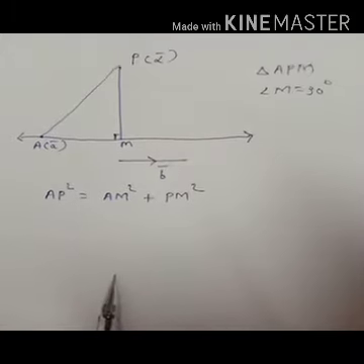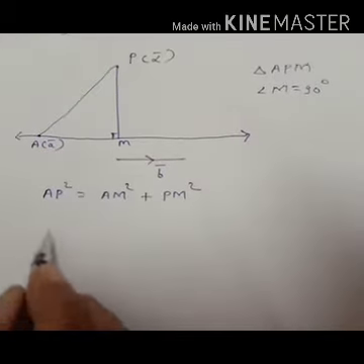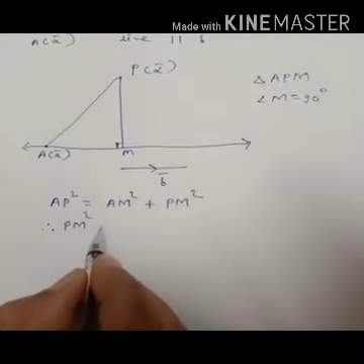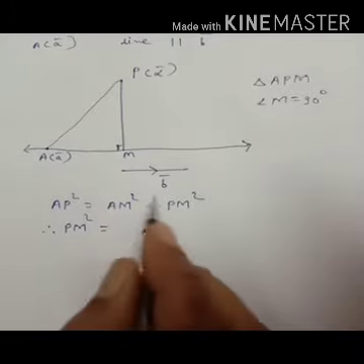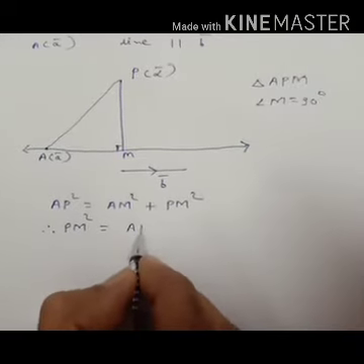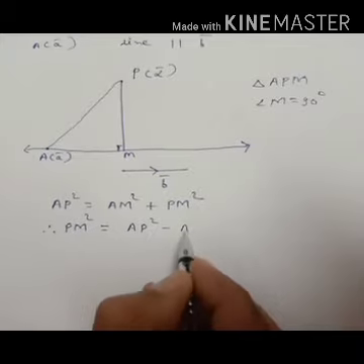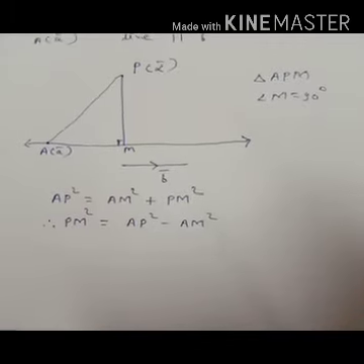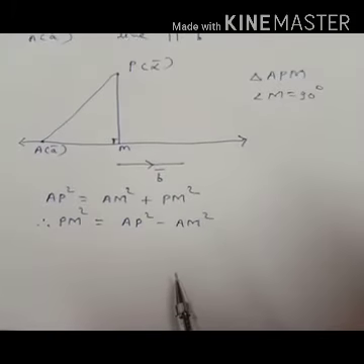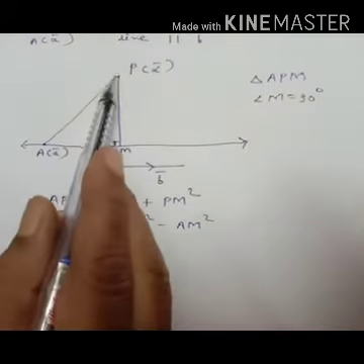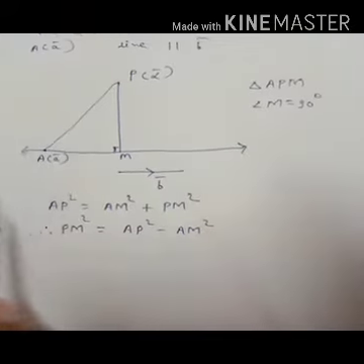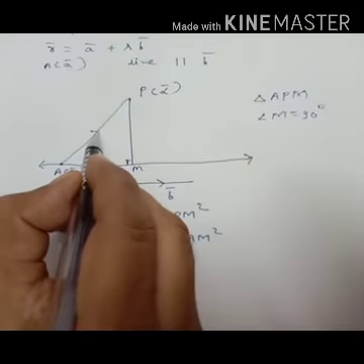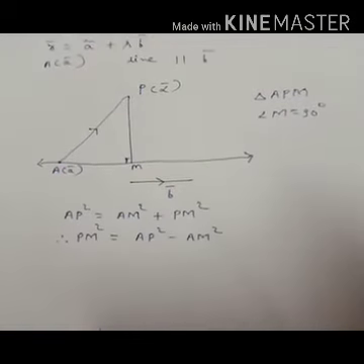And here we have to find the distance between the point and the line. So from this equation we shall find the value of PM square. PM square is given by AP square minus AM square. AP square is the length AP or distance AP. The length of a directed line segment is the magnitude of the vector.